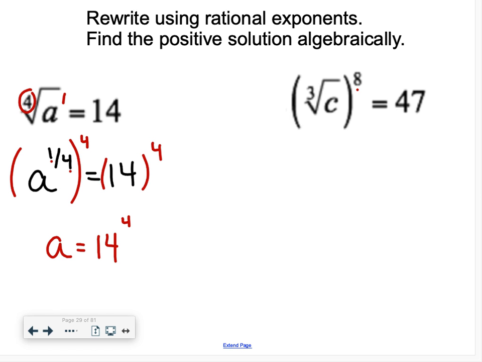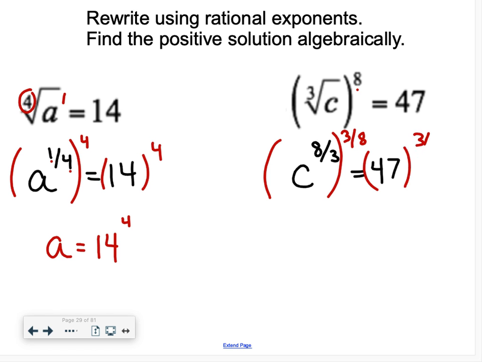So this quantity is equivalent to c to the 8/3, because 8 is my power, 3 is my root. And then how would I solve for c? Well, now that I have a rational exponent, which is pretty efficient, I can just raise both sides to the reciprocal power, which would be 3/8, and raise this side to the reciprocal power, 3/8.